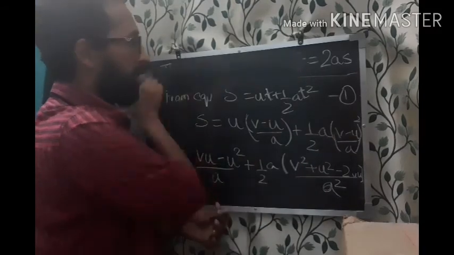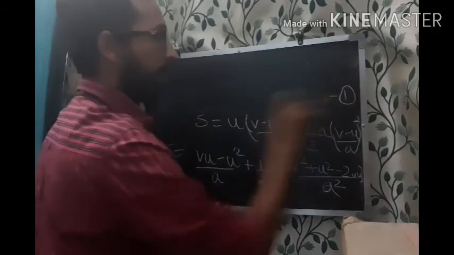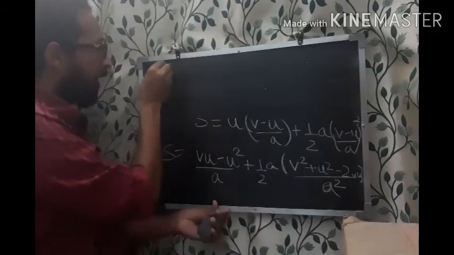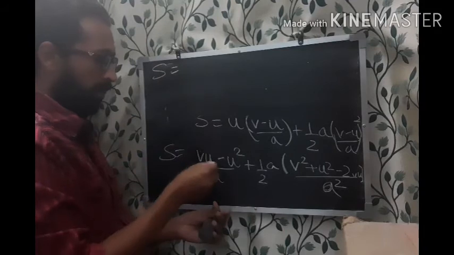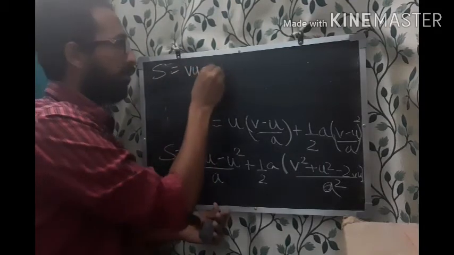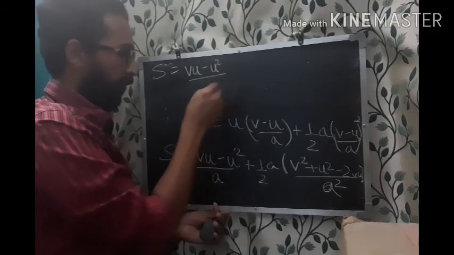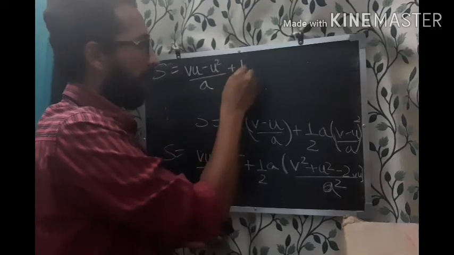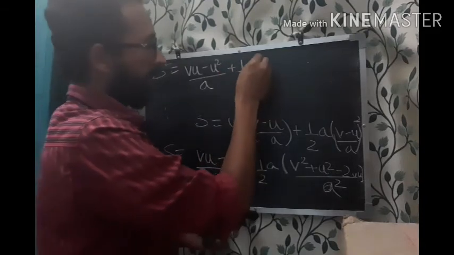Now we will derive it from here itself. S is equal to vu minus u square upon a plus half a, and v square plus u square minus 2vu upon a square.